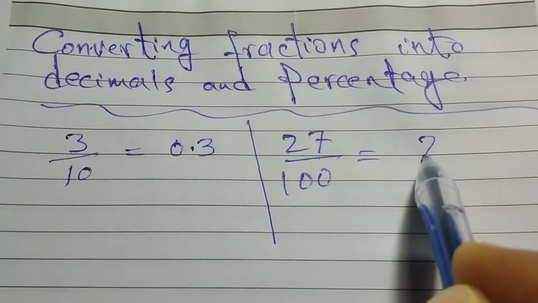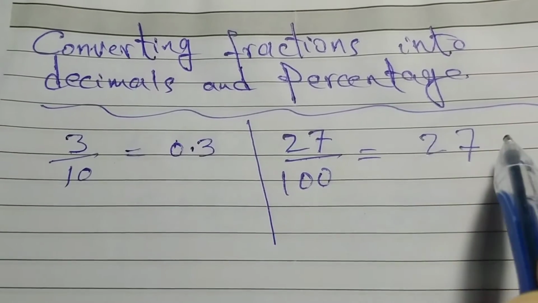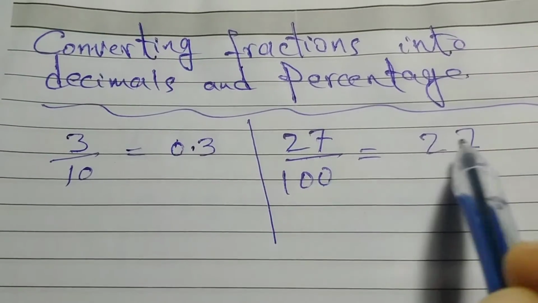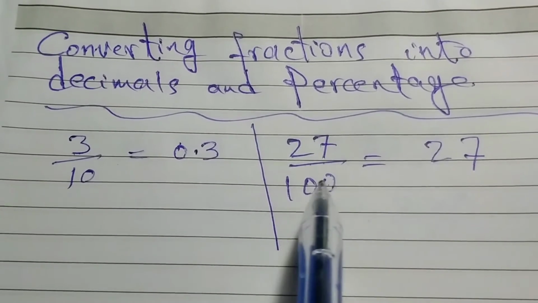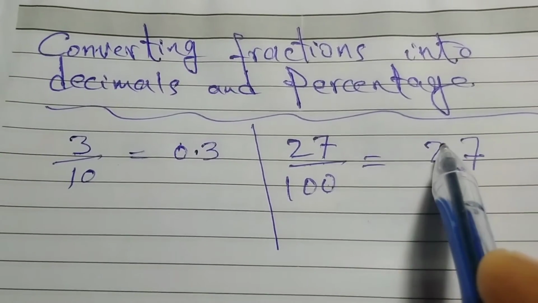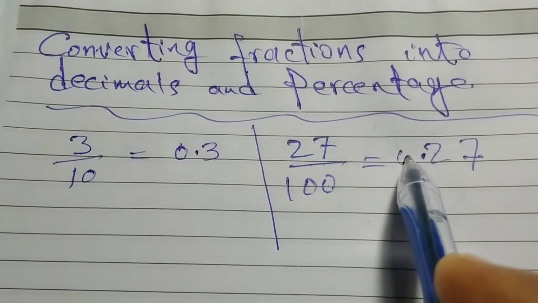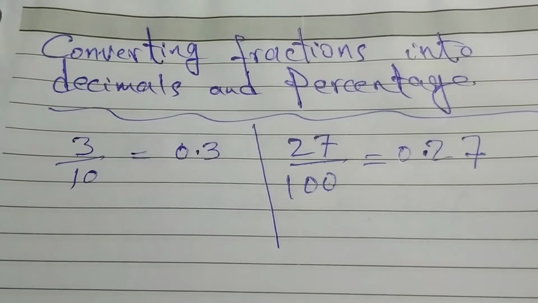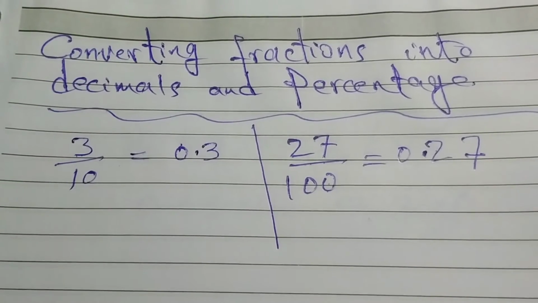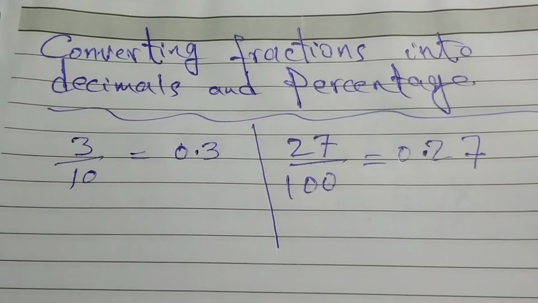We will write the numerator first and count the digits from the right side. We need to count how many? 2, because 2 zeros. So 1, 2. After 2 digits from the right side, I put the point. So the answer is 0.27. Clear, my dear?